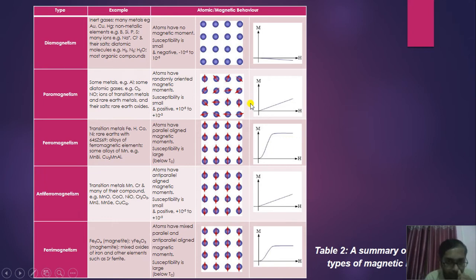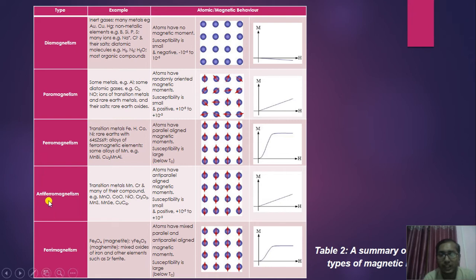They are oriented in different directions. Then we have ferromagnetic materials. In ferromagnetism, the atoms have parallelly aligned magnetic moments, so susceptibility is very large compared to paramagnetism and diamagnetism. In diamagnetism, susceptibility is very small. In paramagnetism, we have some susceptibility, but in ferromagnetic materials, susceptibility is very high.